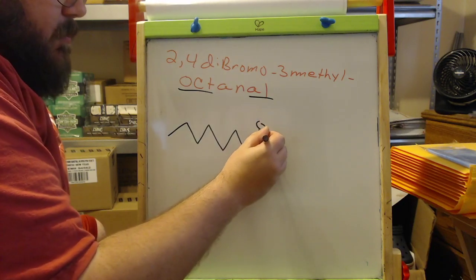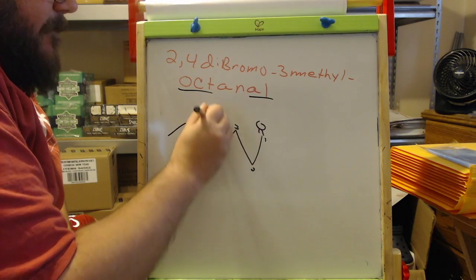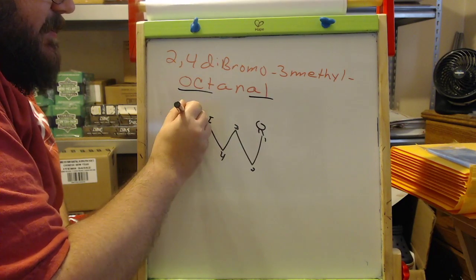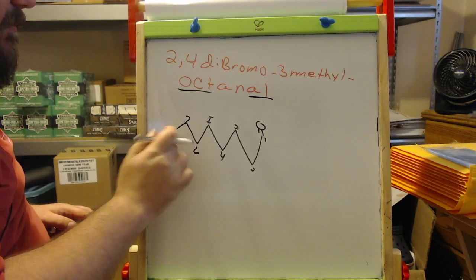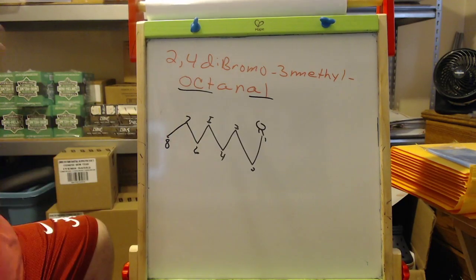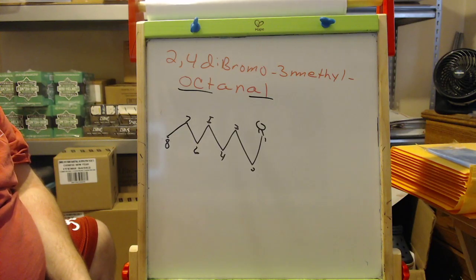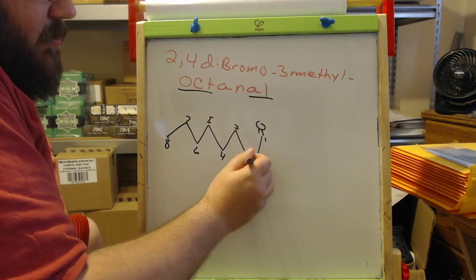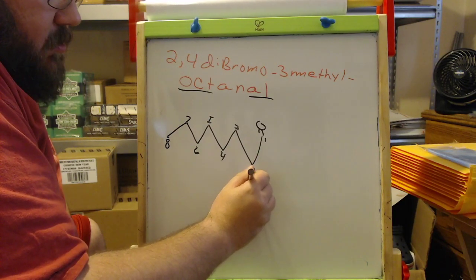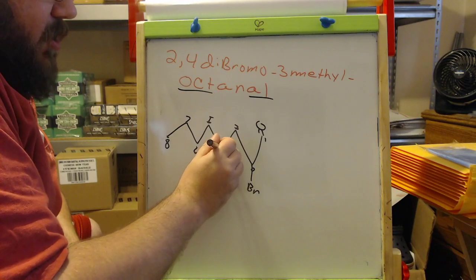So here's carbon 1, here's carbon 2, here's carbon 3, 4, 5, 6, 7, 8. That's a terrible 8. On the second carbon, there's a bromine. On the fourth carbon, there's a bromine.